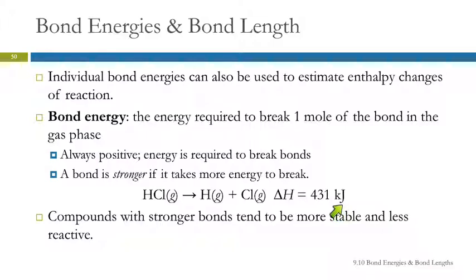And the implication here is that it's kilojoules per mole. Okay? Kilojoules per mole. So a compound that is held together by stronger bonds tends to be more stable and less reactive than a compound with weaker bonds, because you have to break the existing bonds before you can form new ones. And so stronger bonds are harder to break.